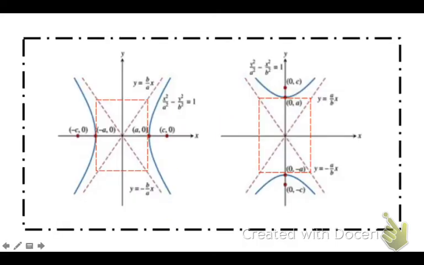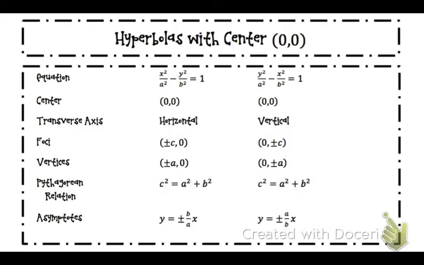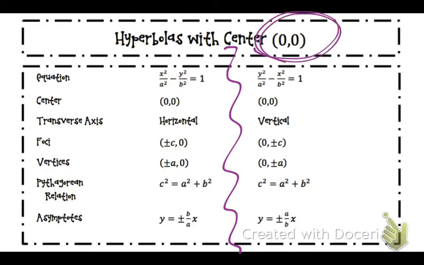Okay. This is what the hyperbolas look like. And A is always the first term. So if we look at this, A is always the first term. I want you to draw a line down right here. This is when the center is at 0, 0. So if X comes first, that means that my transverse axis is horizontal. That's the X axis.